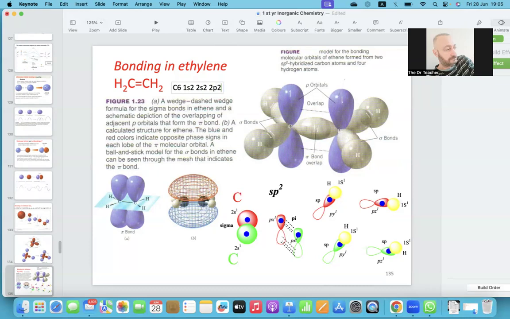So here we have the valence electrons, four valence electrons.